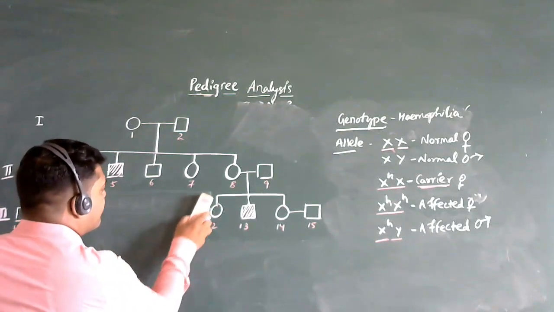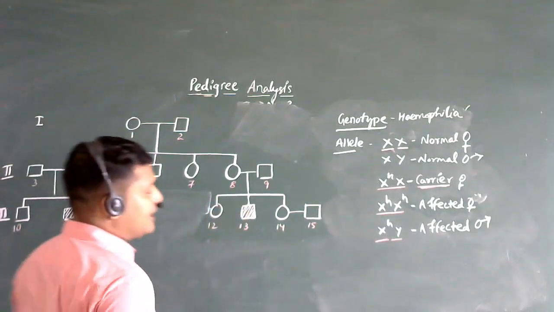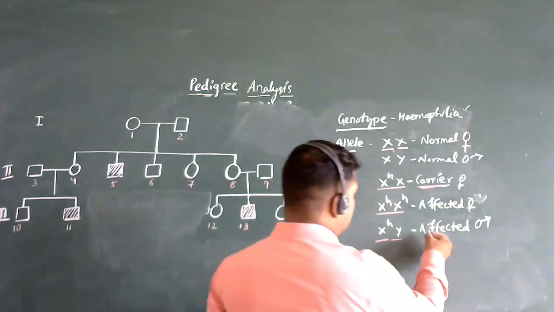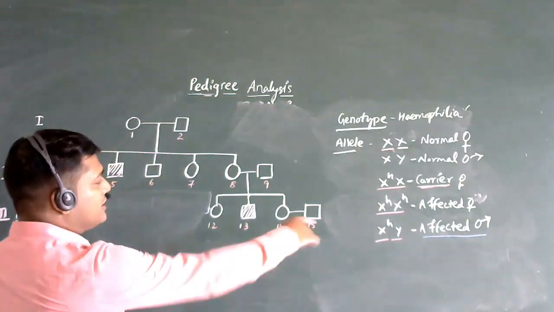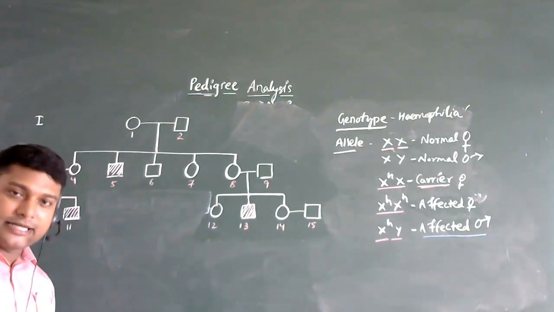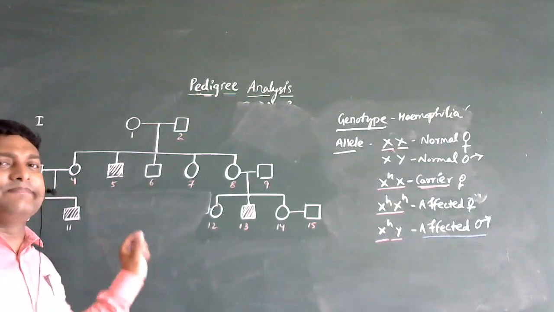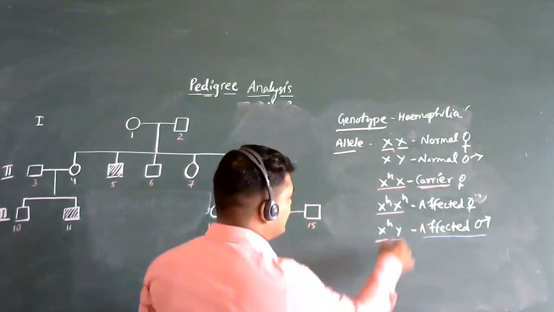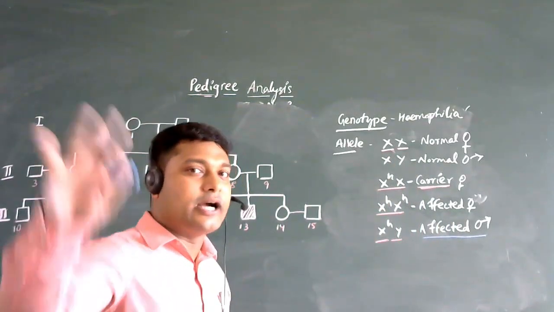Now we have three affected males, and based on this fact, an affected male means you have to go for the genotype XHY. If you're lucky, they'll ask you the genotype of the affected male. Very simple: if they directly ask about an affected male or affected female, you have to put this genotype. If they're asking about color blindness, I'll tell you how to solve that also.